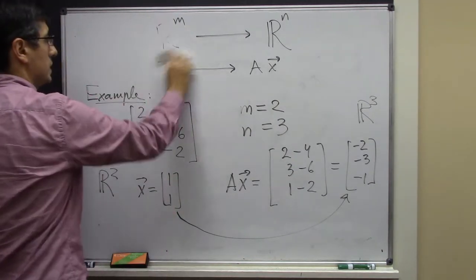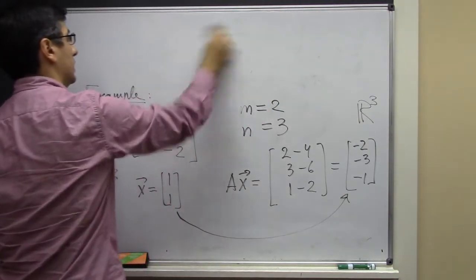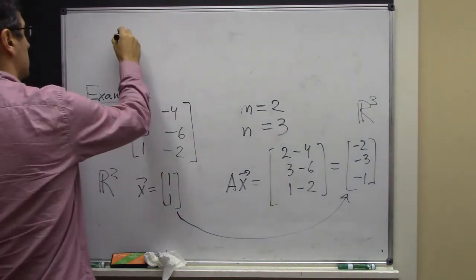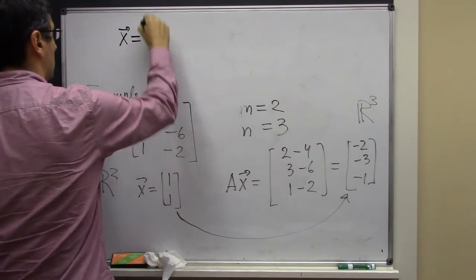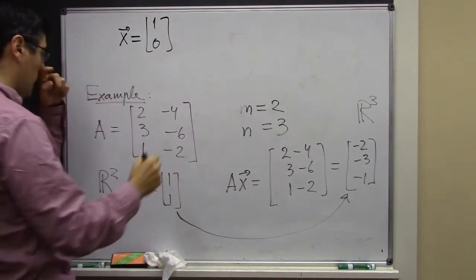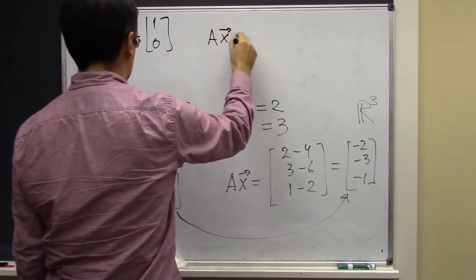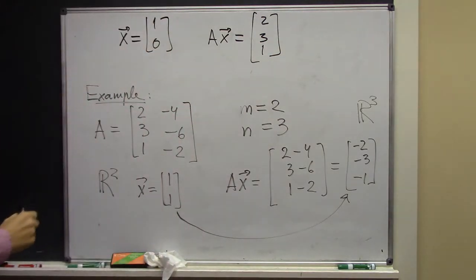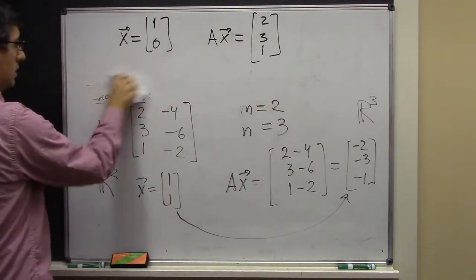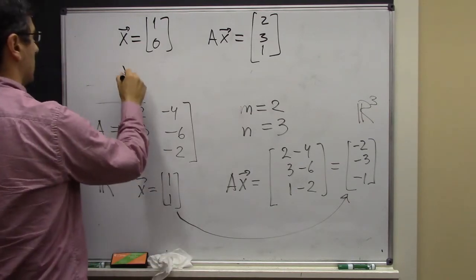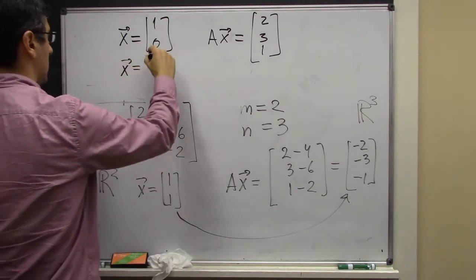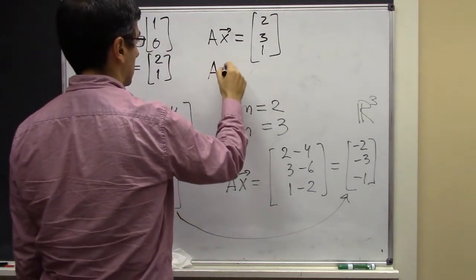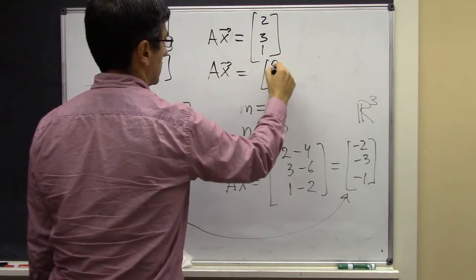All right, with the same example, let's take another vector. Let's take x to be 1, 0. Then Ax will be 2, 3, 1. If you take x to be 2, 1, then you will get that Ax is equal to 0, 0, 0.